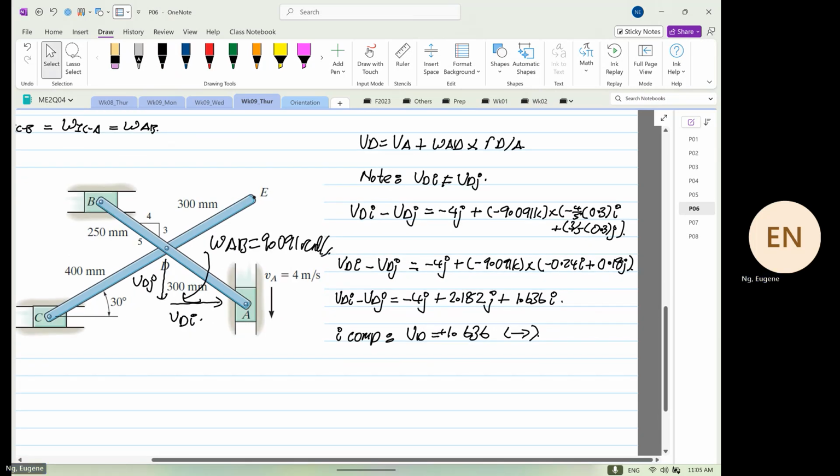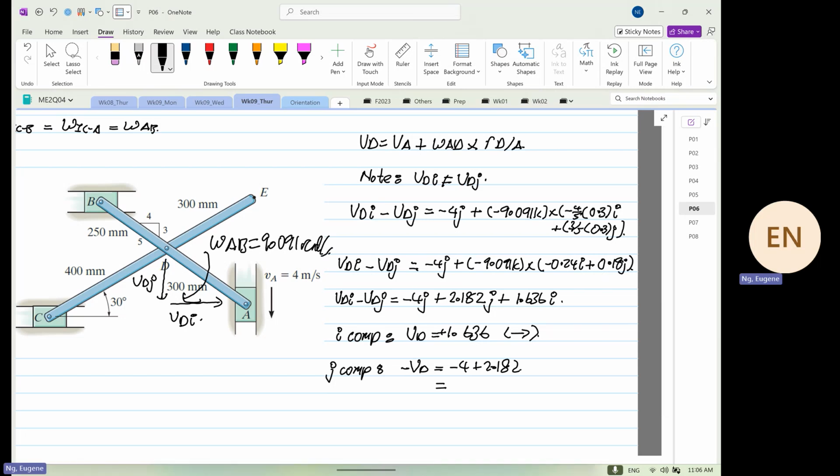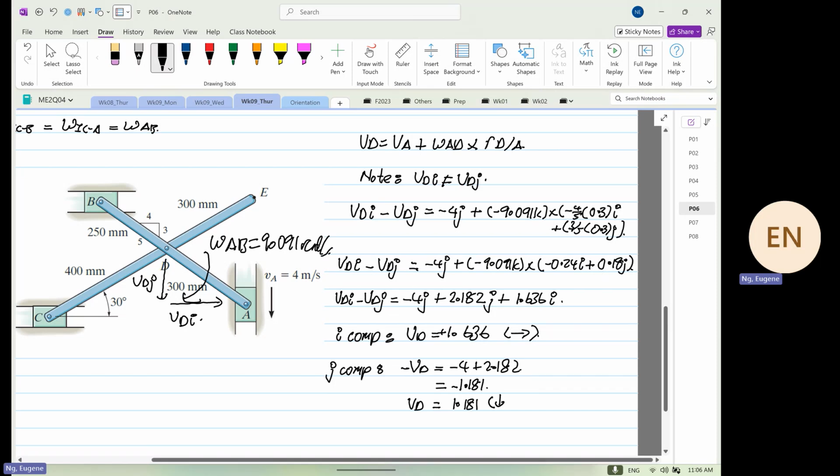Okay. And then J component is equal to minus 4 plus 2.182. So minus 4 plus 2.182 is minus 1.818. So VD is 1.818 coming down.